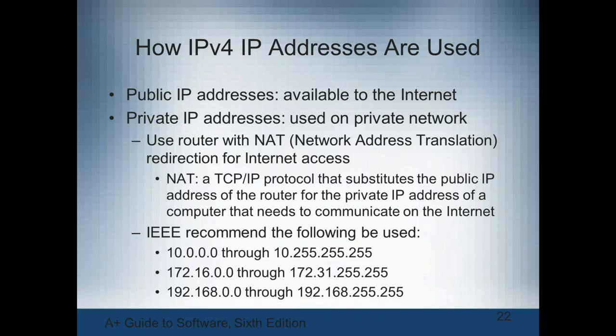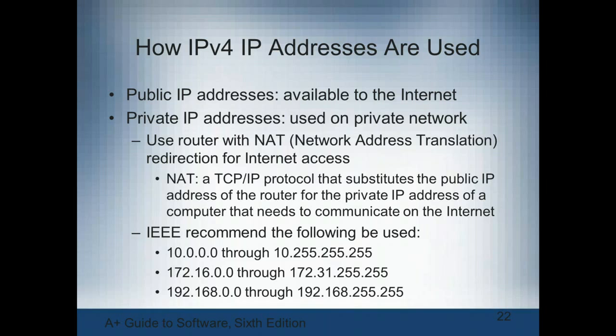The private IP addresses are here: 10.0.0.0 through 10.255.255.255, so all of the 10 addresses are private Class A addresses. 172.16 through 172.31.255.255 are the private Class B addresses. 192.168.0.0 through 192.168.255.255, the whole 192.168, is a Class C private IP address.